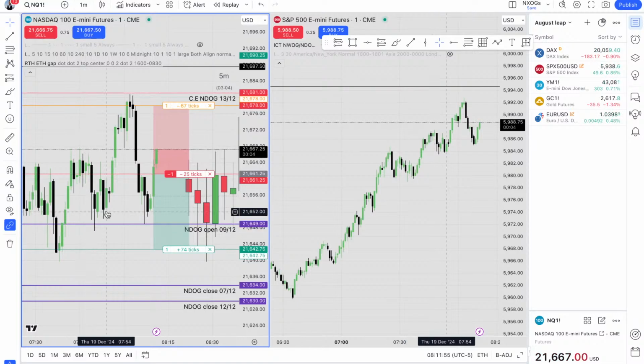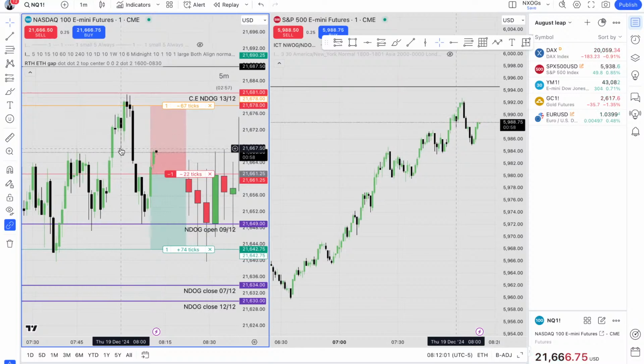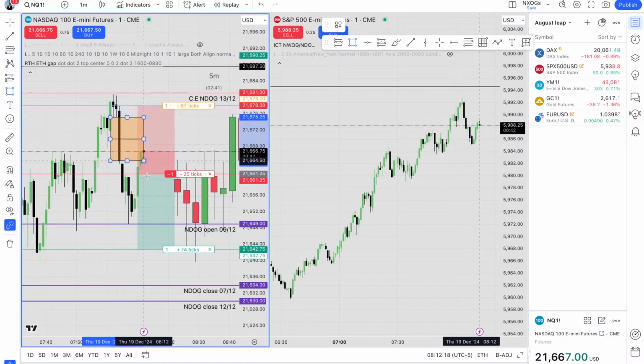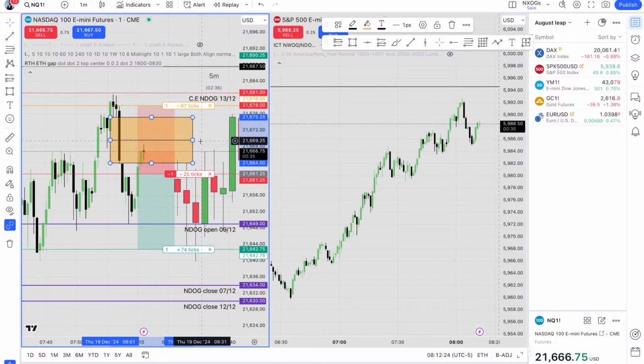So now it's touching this order block, this down close candle. Ideally, I don't want it to close below the mid. I don't want it to close above that midpoint of this fair value gap.